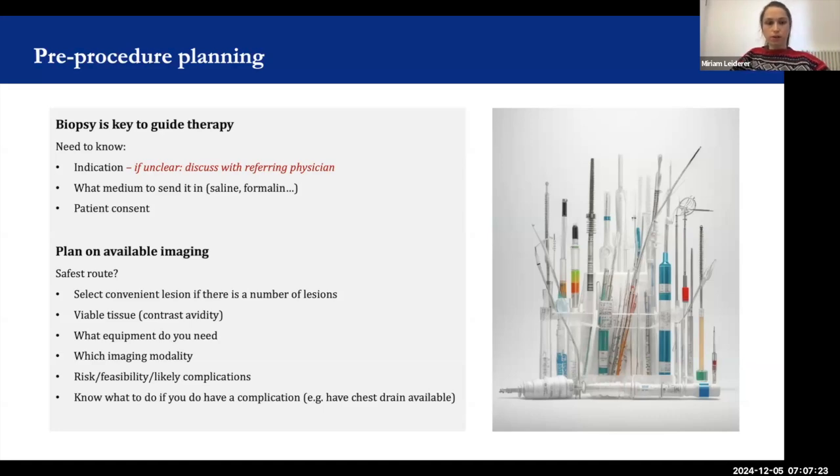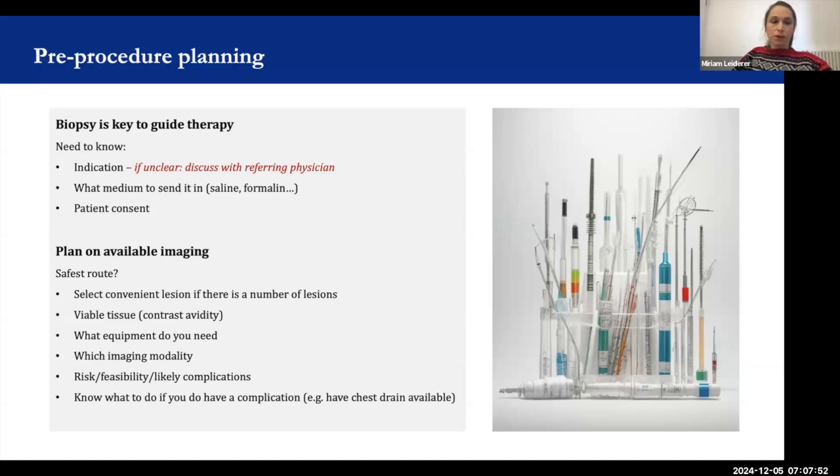A convenient lesion is one that is accessible, but also one that is large enough to biopsy and that has viable tissue. If you have contrast imaging, like contrast CT or contrast MRI, and something takes up contrast, then you can be sure that it is viable tissue. You don't want to just end up with a biopsy of necrosis, because pathology is not going to be able to tell you about that.